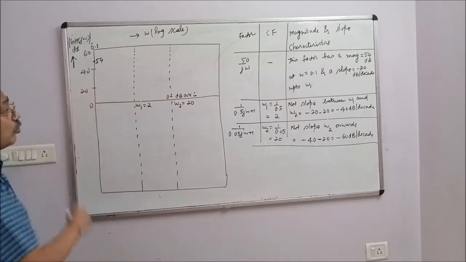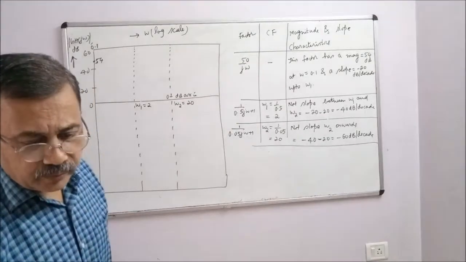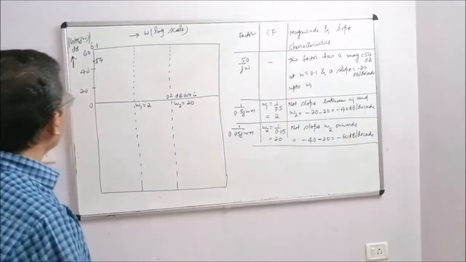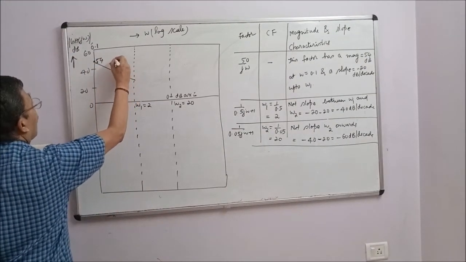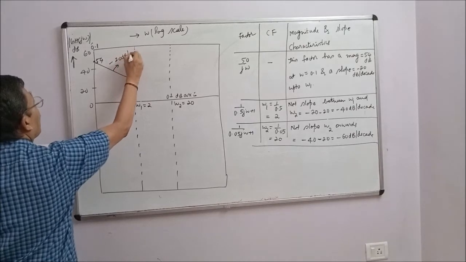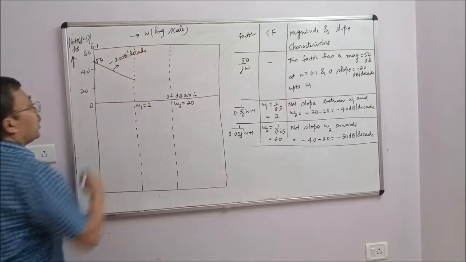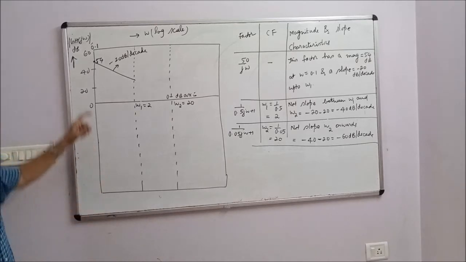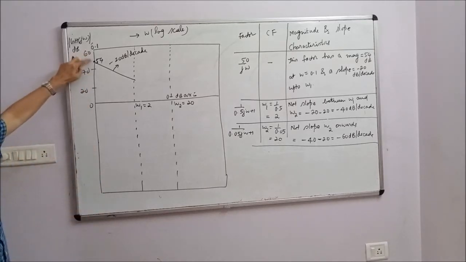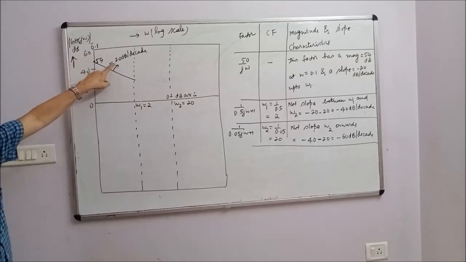This is a line of slope equal to minus 20 decibels per decade. How to draw that line of slope equal to minus 20 decibels per decade? I will explain when I take a semi-log sheet. See, when omega is 0.1, magnitude is 54 dB and the slope is minus 20 decibels per decade.